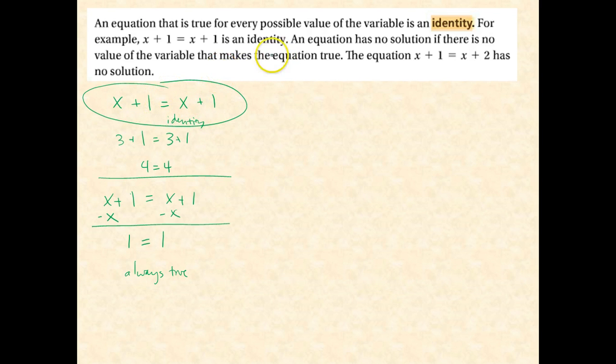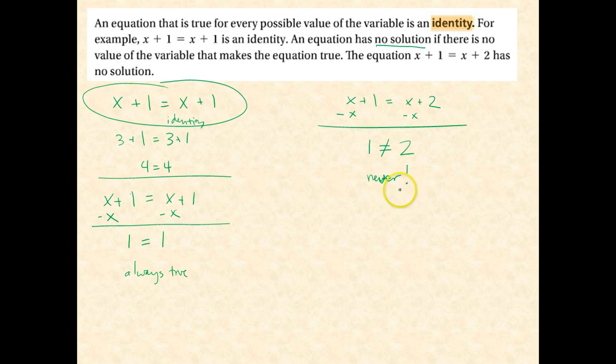Now, you can also have an equation that has no solution. For example, x plus 1 equals x plus 2 has no solution. If you were to try to solve this, you would subtract x from both sides. X minus x is 0, so I just have 1 left over here. X minus x is 0, and I have 2 left over here. Those are never equal.